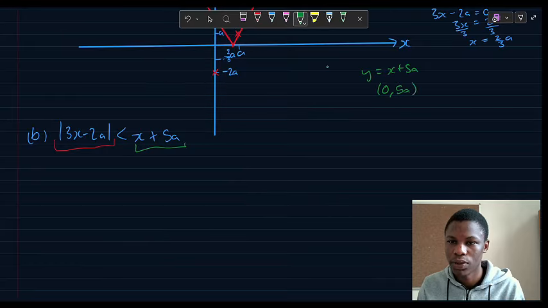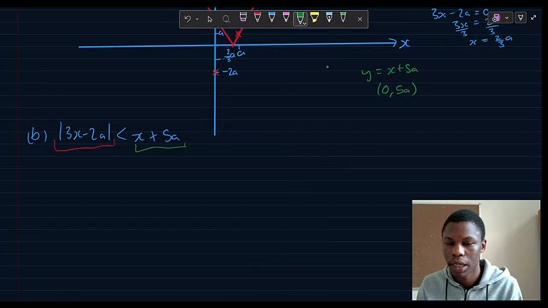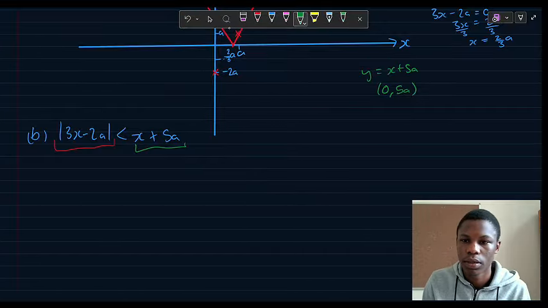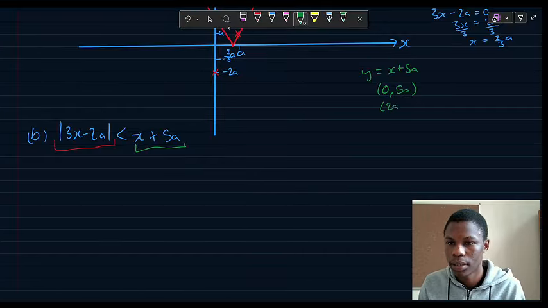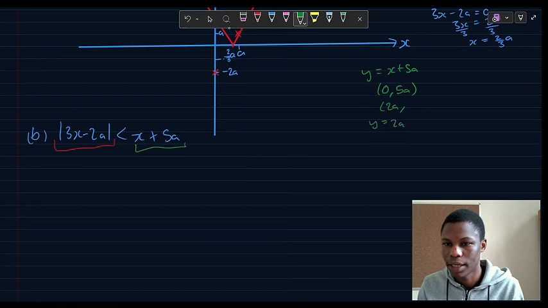And then we can do the point when, what point do we want to do? We could do a, we could do negative a, let's do 2a. When x is 2a, we're going to get y is 2a plus 5a, so 7a.